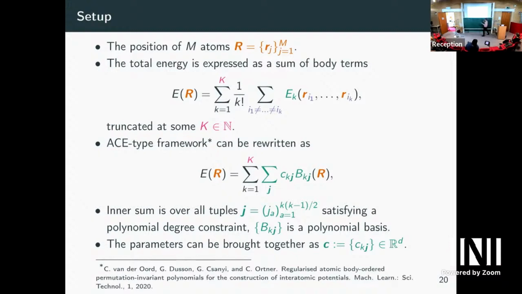So for instance, for two body terms, the change of coordinates is simply that because we want to respect the permutation invariance, the translation invariance, and the rotation invariance, you really only ever care about the distance between two atoms.